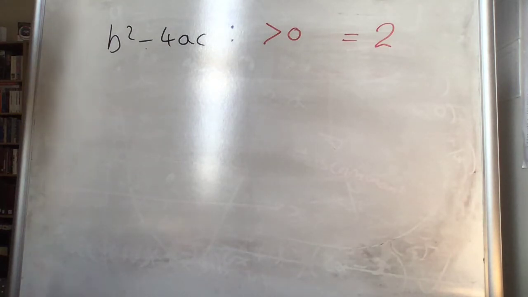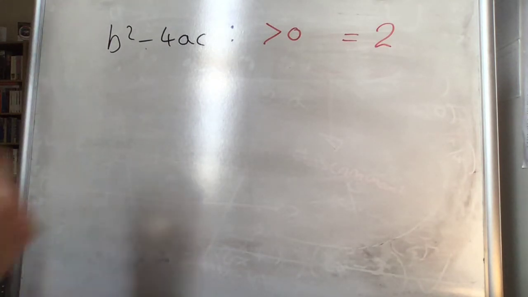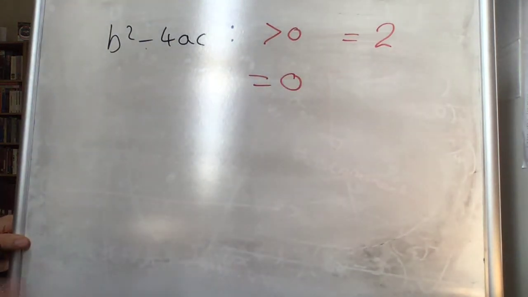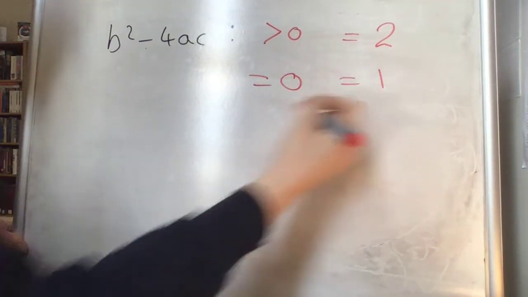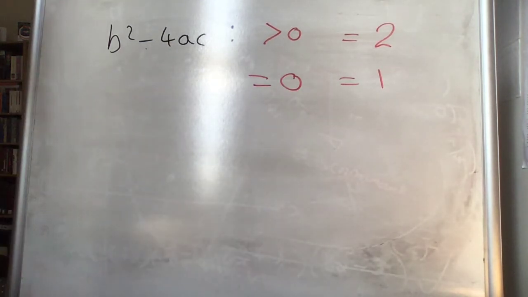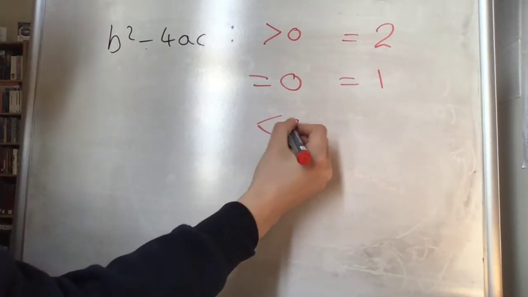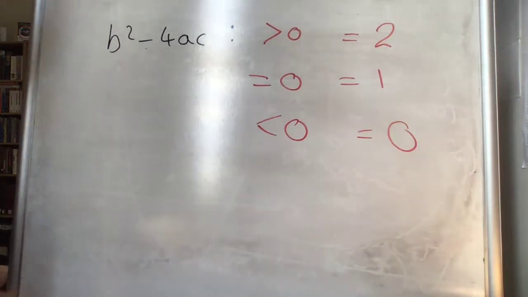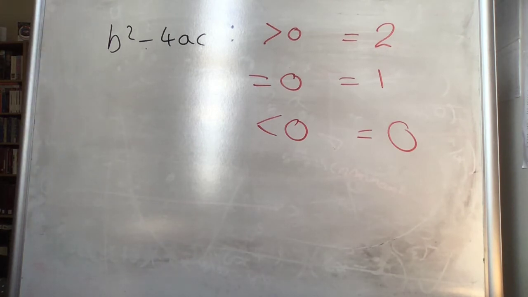There are going to be two answers of x. If our discriminant is equal to 0, we're going to have one repeated root. So we're going to have x equal to 3, x equal to 3, x equal to 2, x equal to 2, and so on. So it's going to have one repeated root. And then if it is less than 0, then we're going to have no real roots. There's going to be no answers at all. There's going to be no values of x.